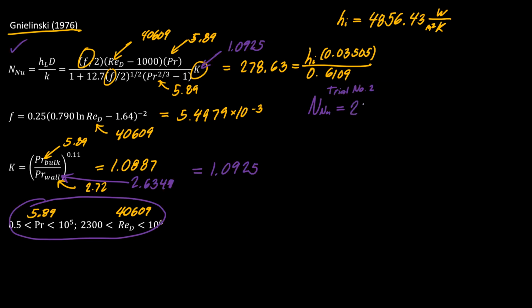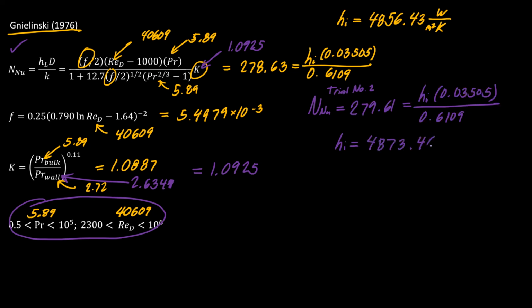So the new Nusselt number is somewhere near. Okay. Now we can get the new h. 4873.46.